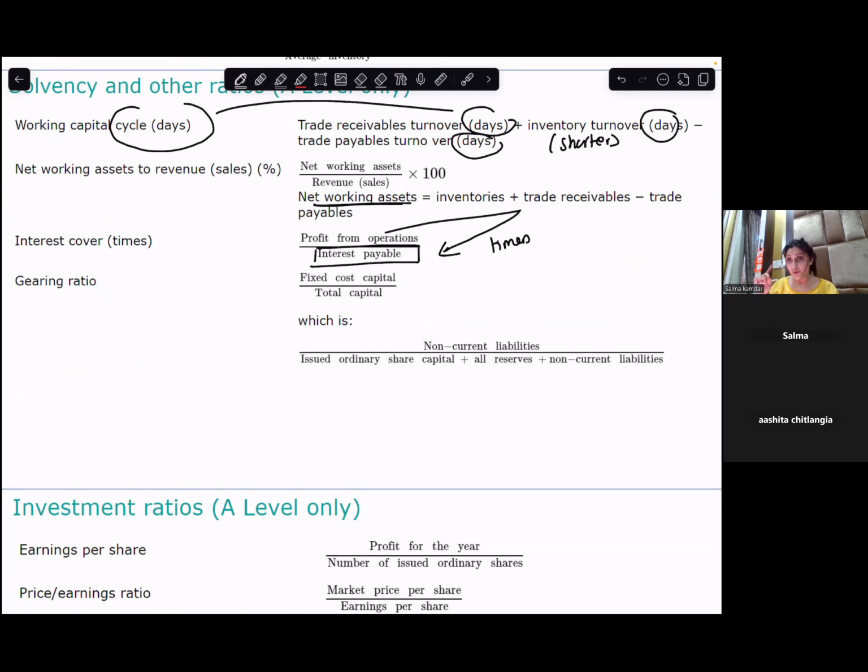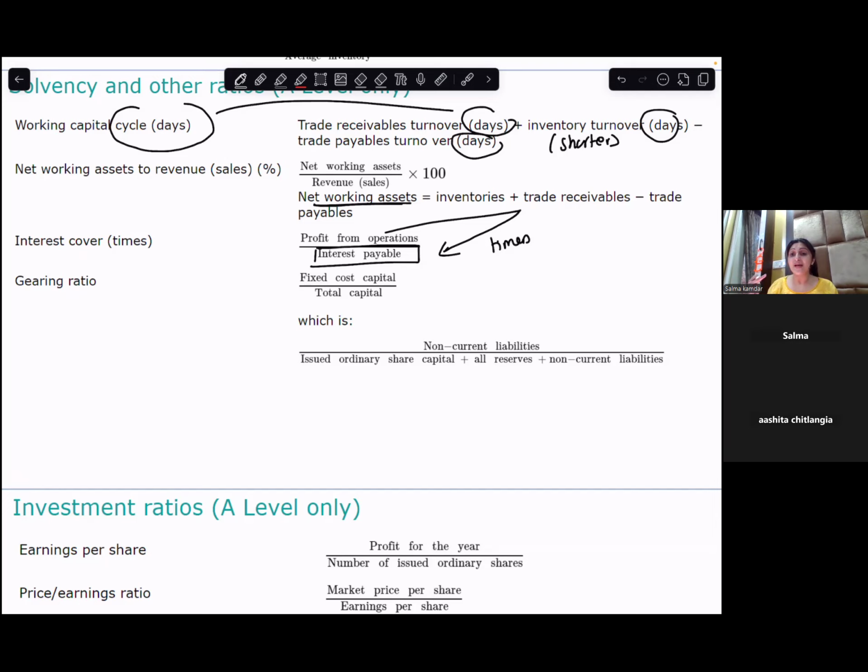When somebody is giving you a loan, they will see your interest coverage ratio. They would try to see how capable you are to pay your interest. If your profit can pay your interest 10, 12, 13, 14 times, you are capable. If your profit is like 1000 crore and your interest is 100, then you're more than capable.